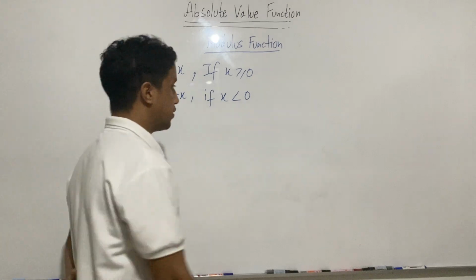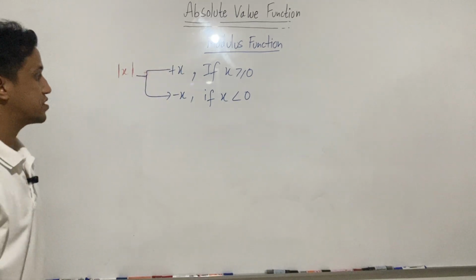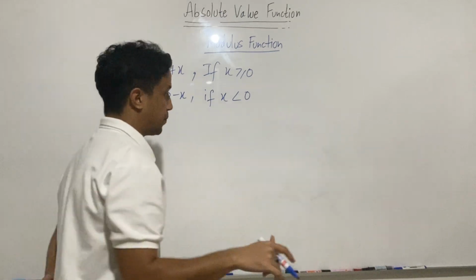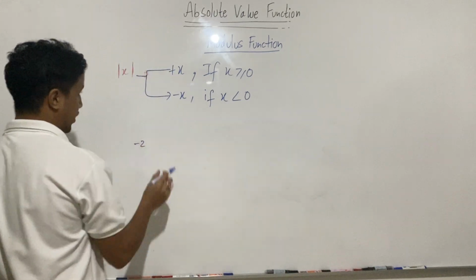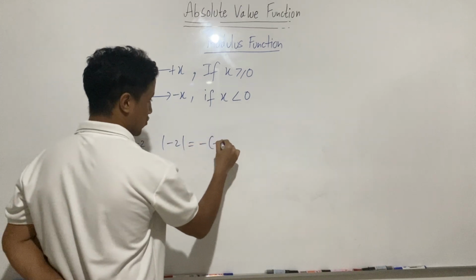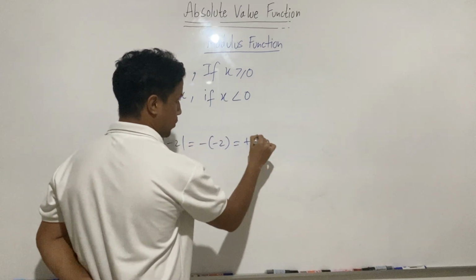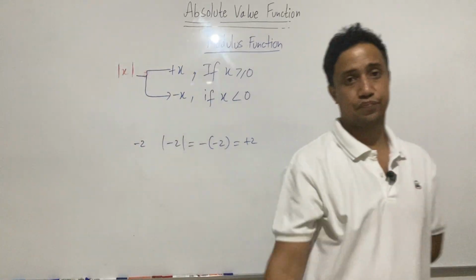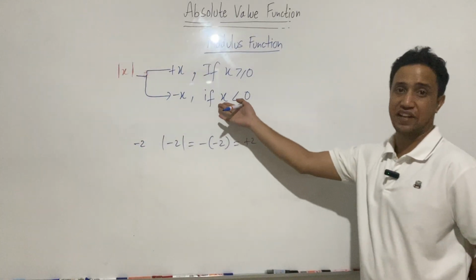See here, you can take any case. If you take any negative number, for example minus 2, the absolute value of minus 2 would be minus of minus 2, which is going to be positive 2. I hope it made sense to you.